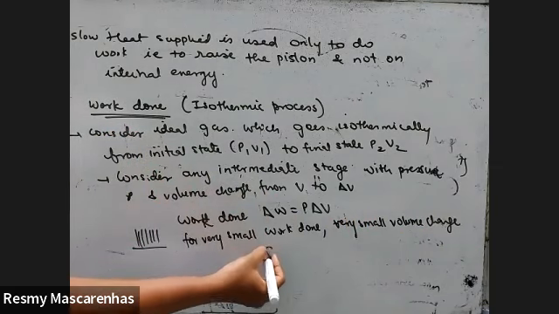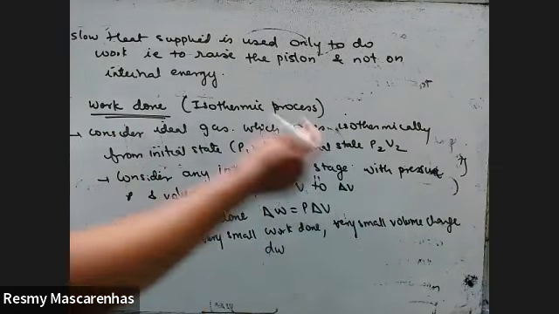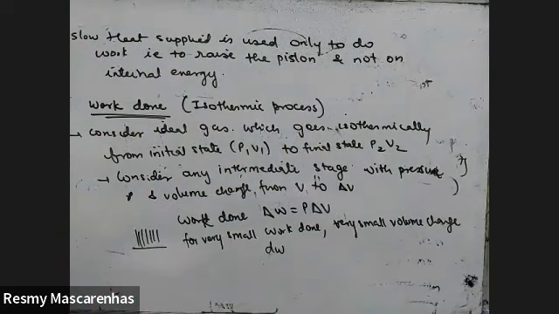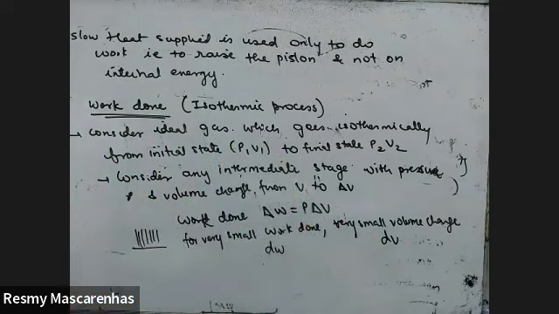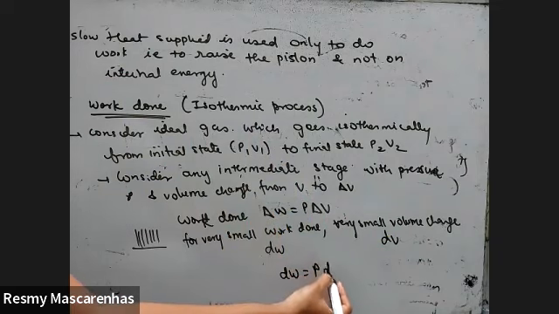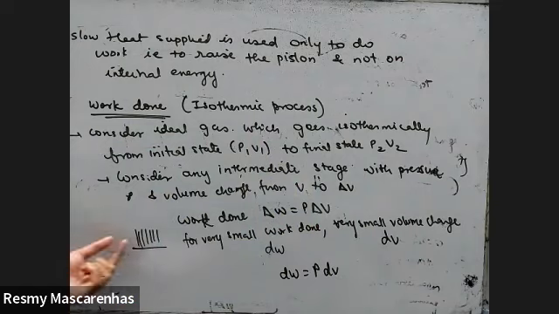So we'll consider dW and dV. So dW will be equal to P dV. This is for a small one.